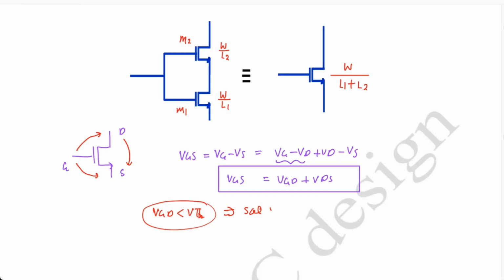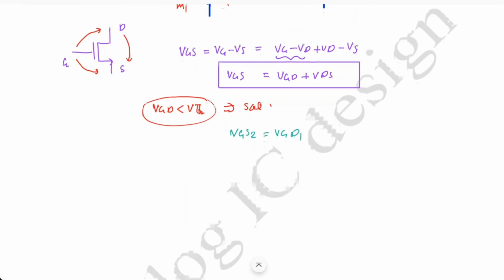Now let's check for M1. So what will be the voltage here? This one is VGS2, and this one is VGD1. So in this loop, we can say that VGS2 is VGD1. And if there is current flowing, then M2 is turned on, so VGS2 must be greater than VTH.